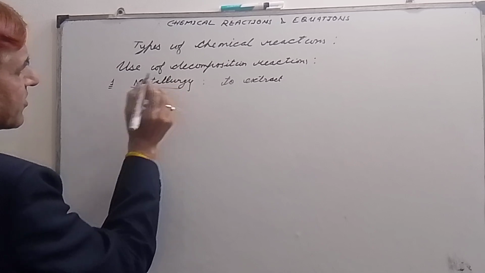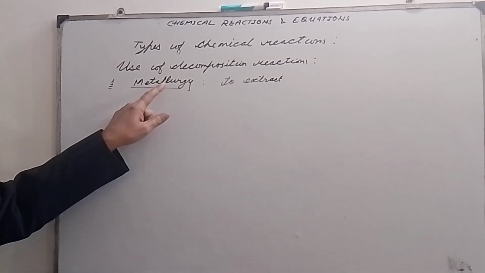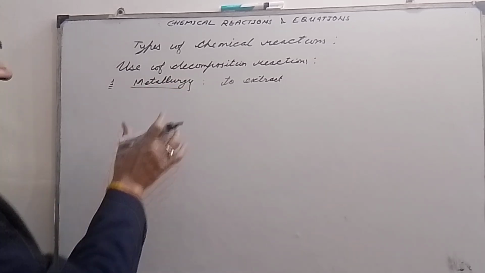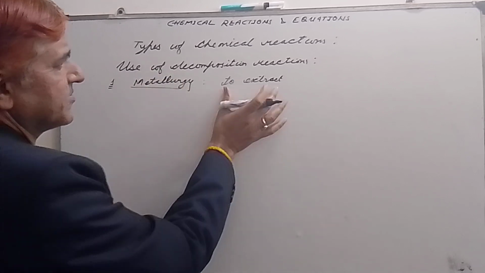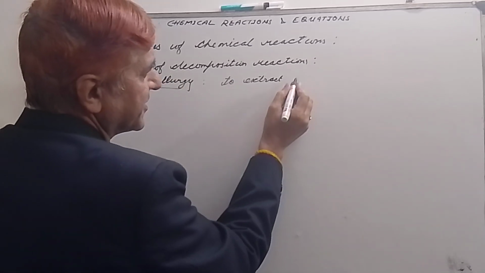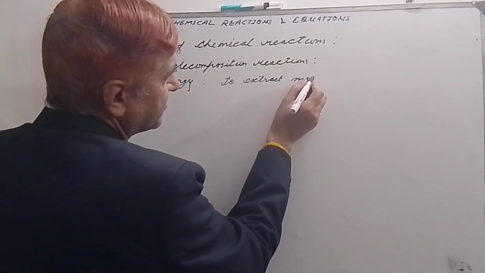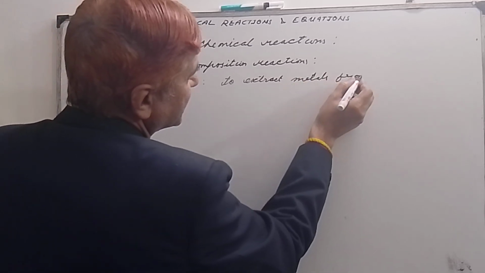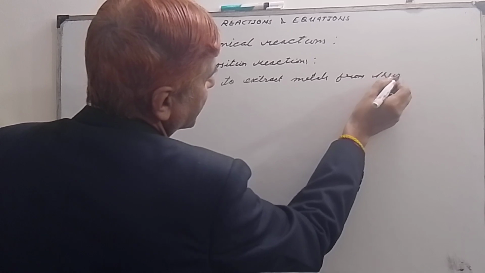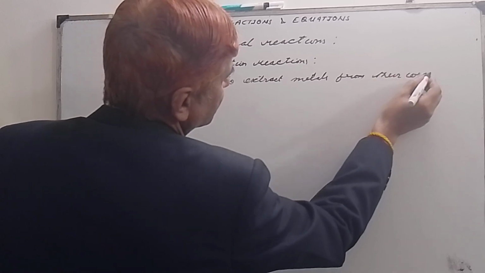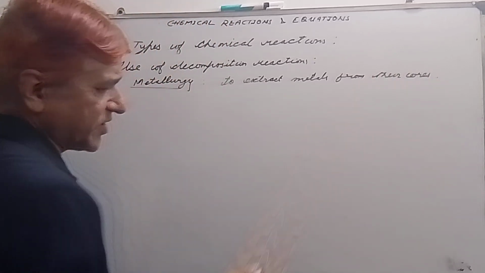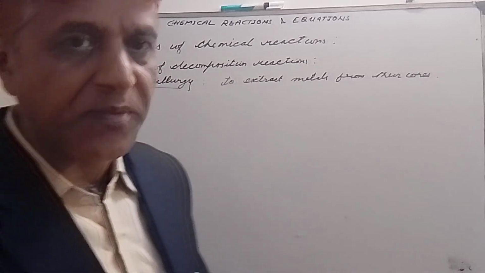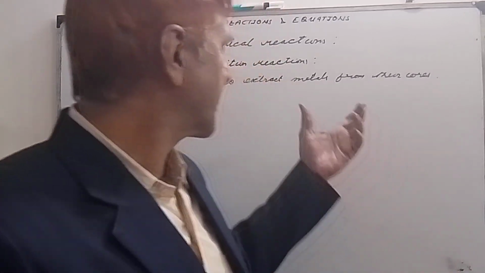My dear students, I may be wrong in the spelling of this, double L or single L. I have written double L. Ores are impure compounds.